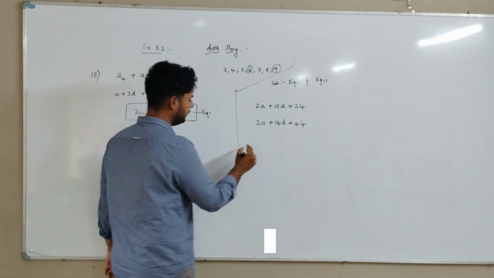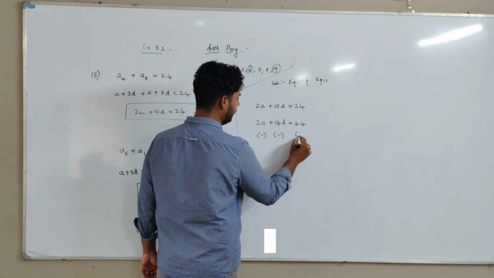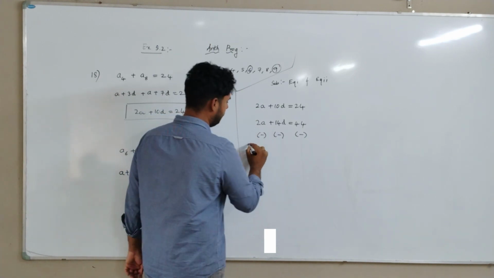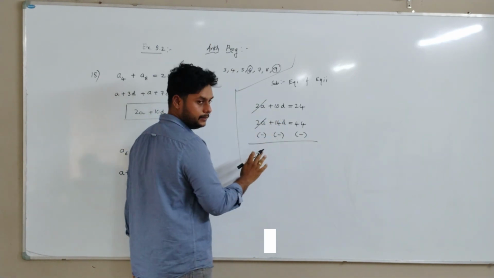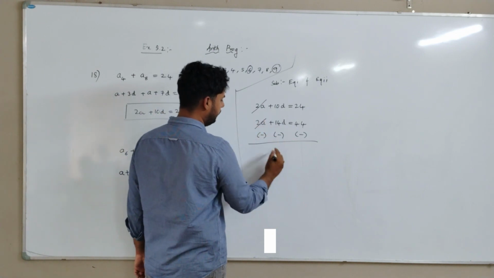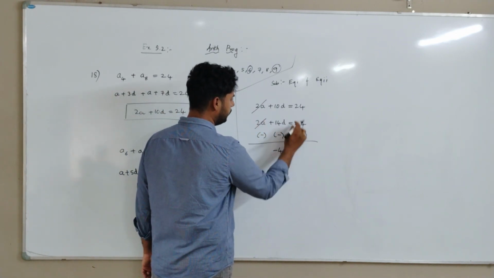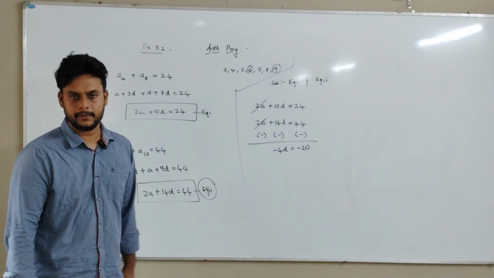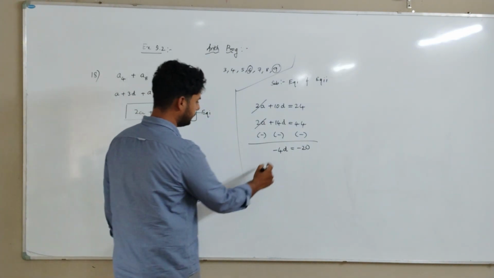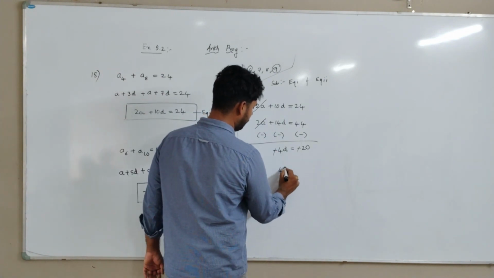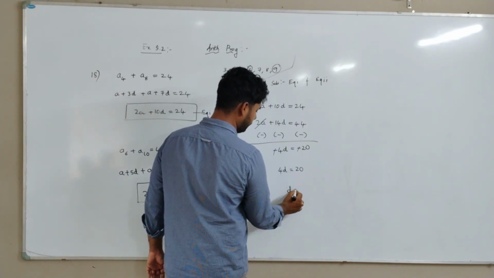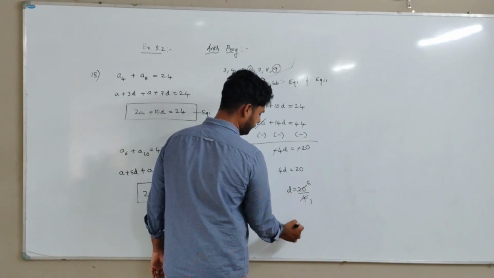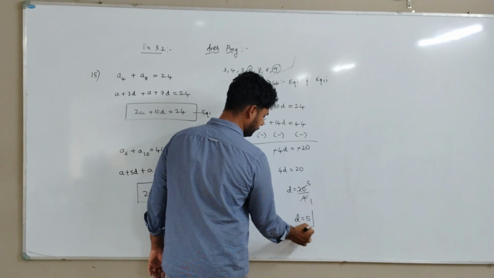Then change the signs: minus becomes plus, plus becomes minus. 2A minus 2A gone. 10D minus 14D is minus 4D, equal to 24 minus 44, which is minus 20. Minus minus cancel. 4D is equal to 20. D is equal to 20 by 4. 4 fives are 20. D is equal to 5. This is the answer.